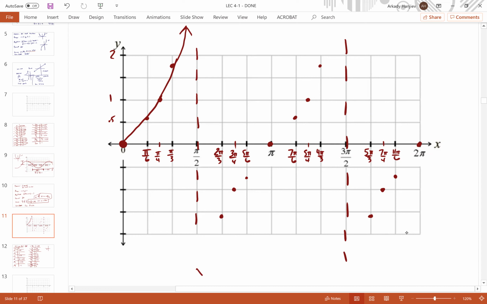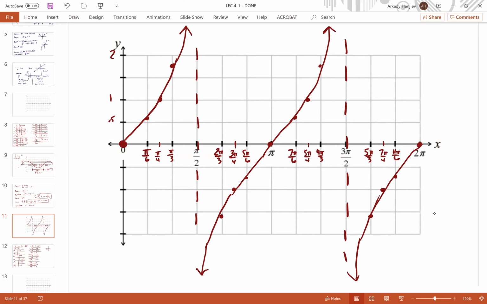And then over here, tangent's going to come in like this, has this little curve like this, and then it goes up again. And then it hits 0. Okay. We have not got through 4.1, but we got our tangent curve.